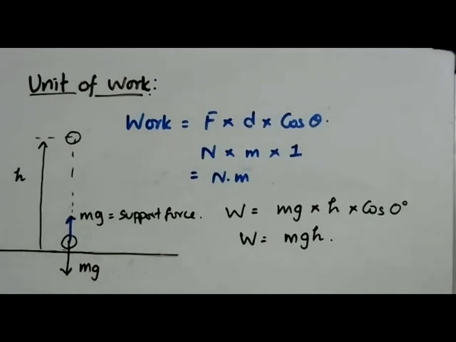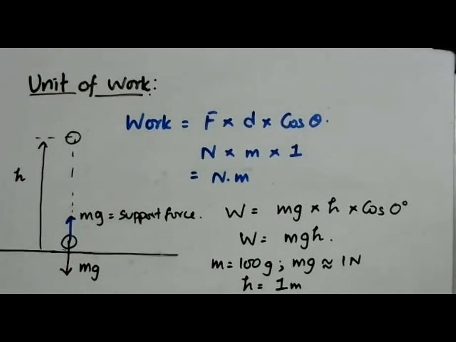Okay, so in this situation, if you take the mass of the object to be 100 grams, and therefore mg approximately equal to 1 Newton, and the distance that the object has been raised by h as 1 meter. So you're lifting an object approximately the size of an apple by a distance of about 1 meter.